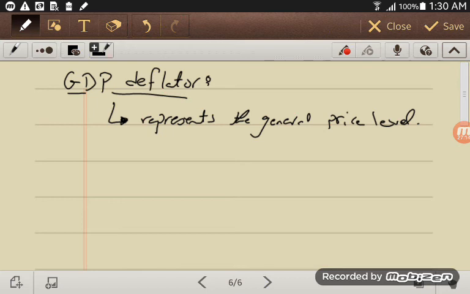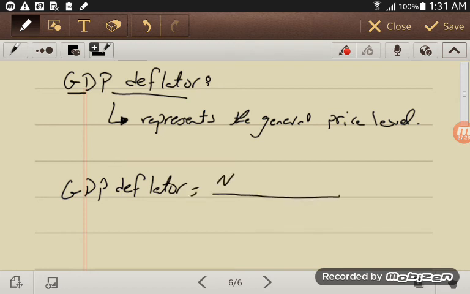GDP deflator is calculated as nominal GDP divided by real GDP multiplied by 100.